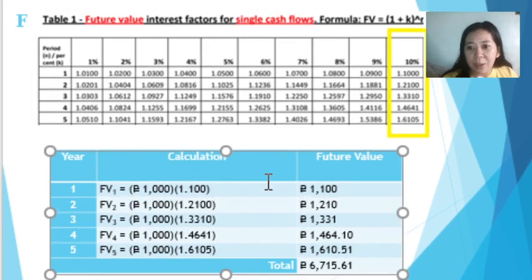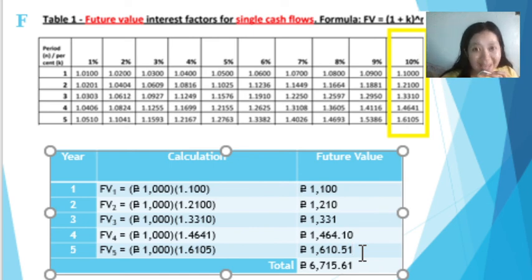If you notice here, in our future value for single cash flow, the answer is under the 5th year. But in the case of annuity, because every year you are investing 1,000, we will add all of these. For years 1 to 5, we have the same computation as in the previous discussion on our single cash flow.